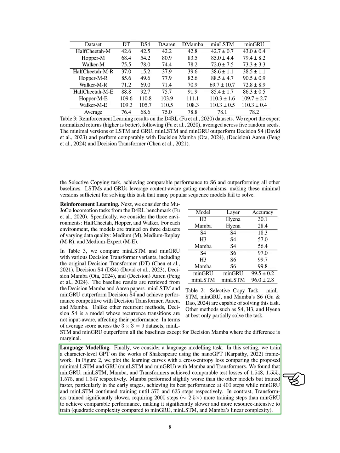Our results indicate that min GRU, min LSTM, Mamba, and Transformers achieve similar test losses of approximately 1.548, 1.555, 1.575, and 1.547, respectively. Mamba, while slightly less effective, trains faster, reaching its peak performance at 400 steps, whereas min GRU and min LSTM continue training until 575 and 625 steps, respectively.